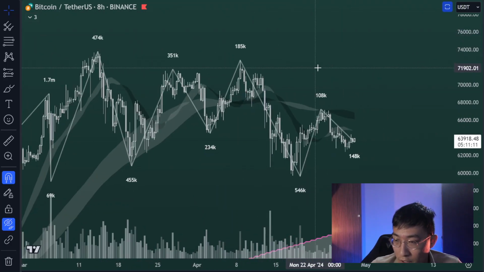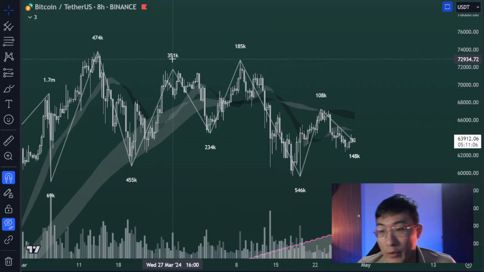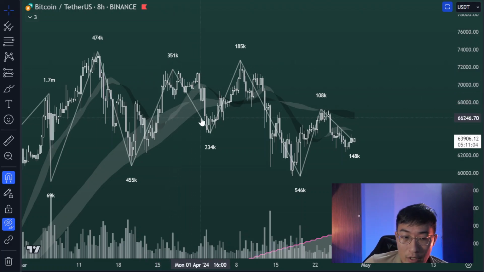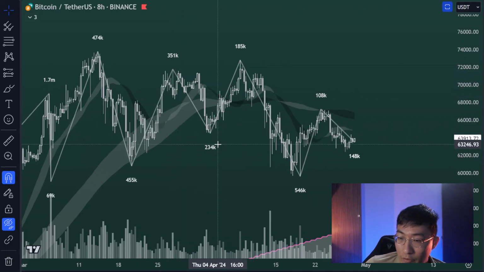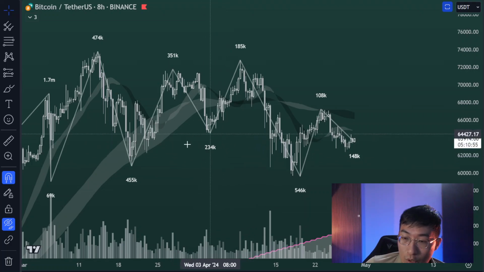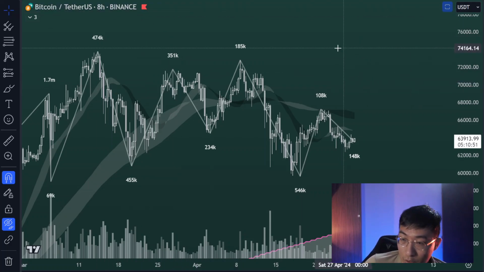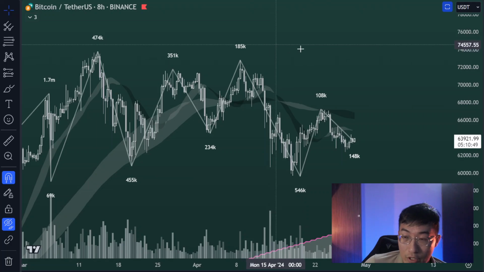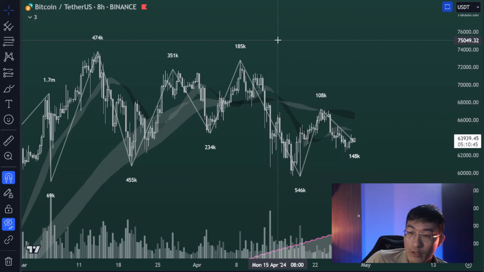You can see this is the accumulative wave volume of Bitcoin. Every wave you see here has its volume accumulated, and at the very end of the wave, it prints out the total amount of Bitcoin being traded. This is Binance, by the way. I could do this with other exchanges, but currently I'm using Binance. It seems like the most accurate for now.